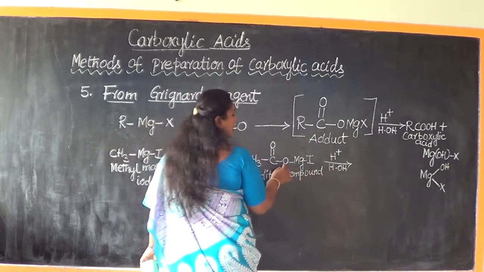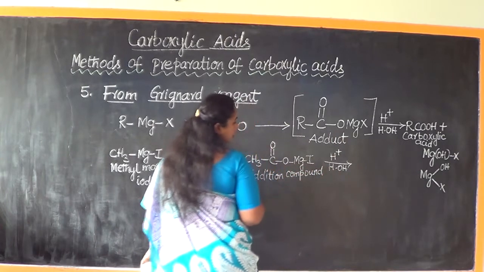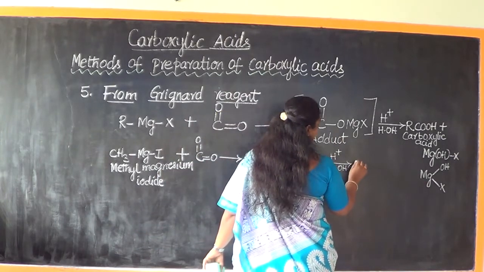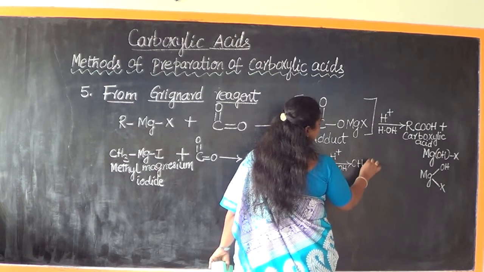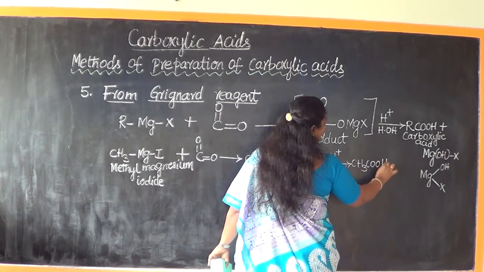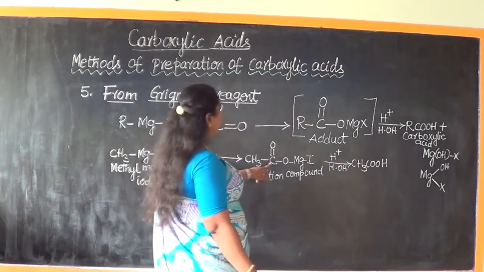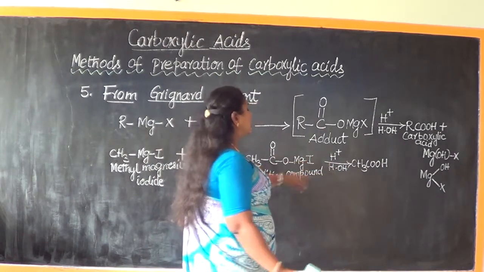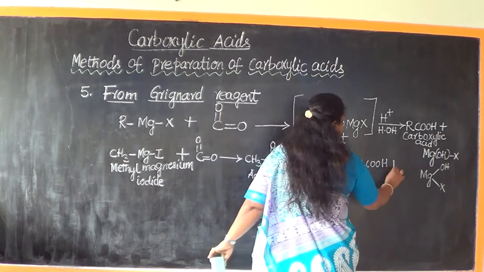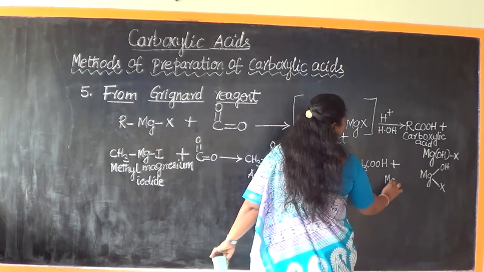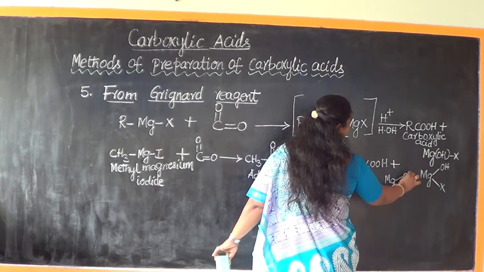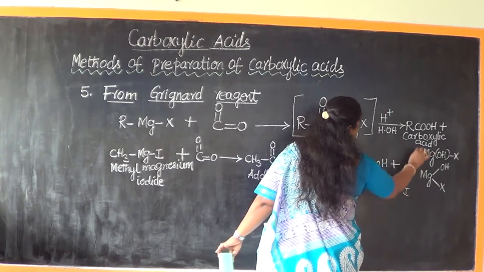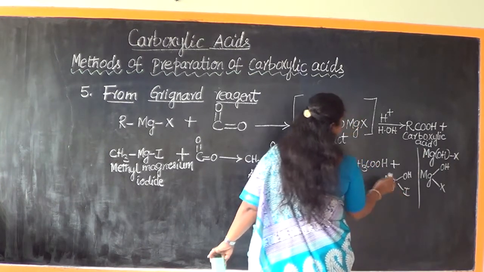Now H takes an attachment here, OH with this. So what are we going to land up with? CH3COOH, plus we obtain MgOH and then I. So this is the other product.